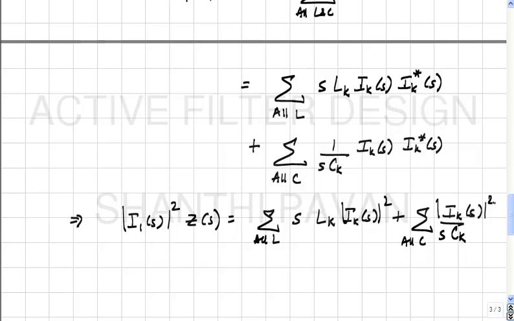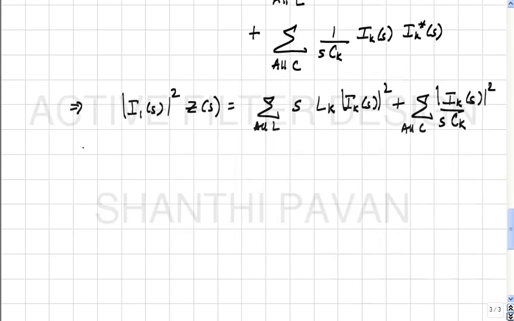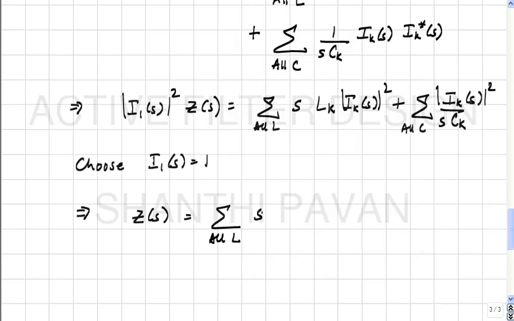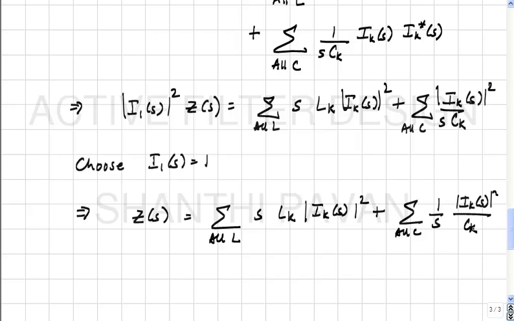Does it make sense? Now, I am free to choose my excitation I1 of S, so I will just choose it to be 1. Which means that Z of S can be written as the sum over all L of S Lk mod Ik of S the whole square, plus the sum over all C of 1 by S, mod Ik of S the whole square by Ck. Correct?